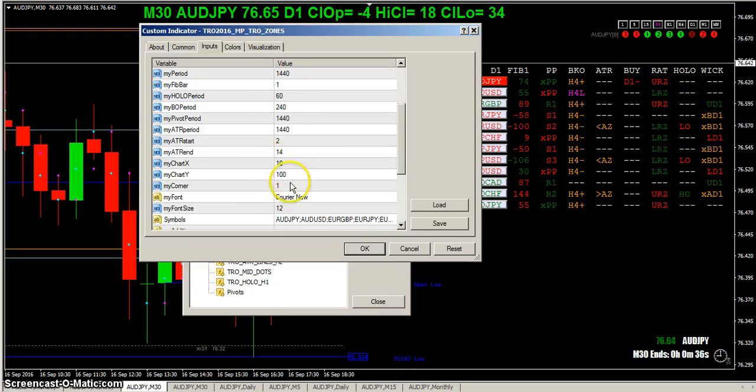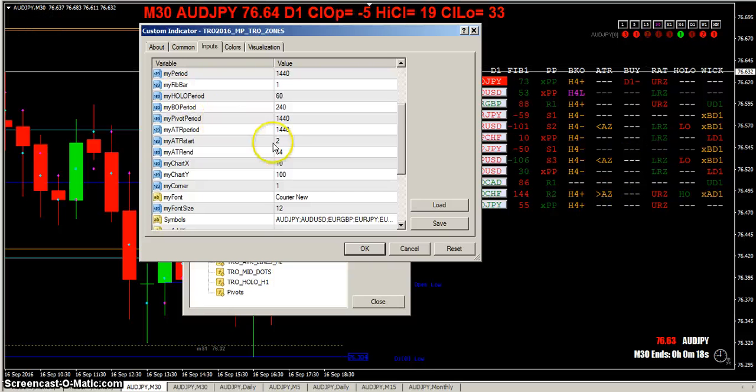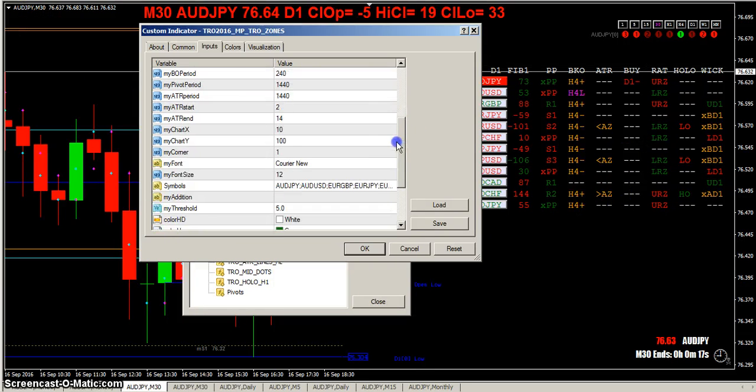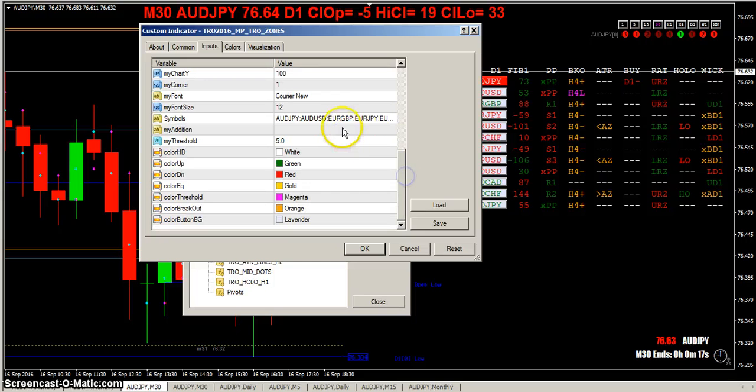Chart X says how far to move it to the left, and chart Y, how far to move it down off the top. We're using corner 1 here, and I should probably take that out because everything is set to corner 1. If you try and put it over here, things get all messed up. And here's where you can add your symbols.